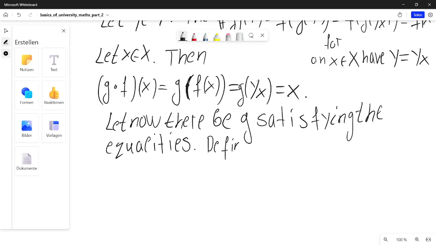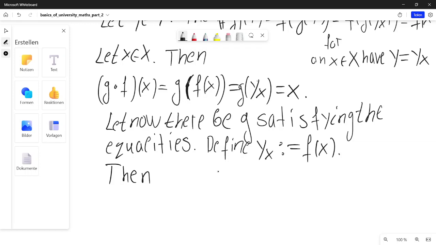Define it again. Well, what do we do? Of course, we just do that, right? And okay, assume, and pay attention, it is not the g from above.